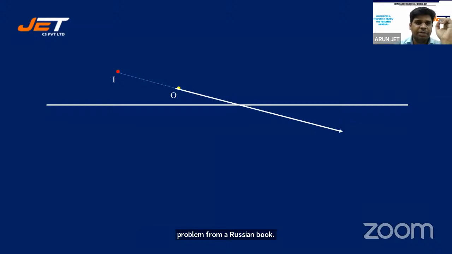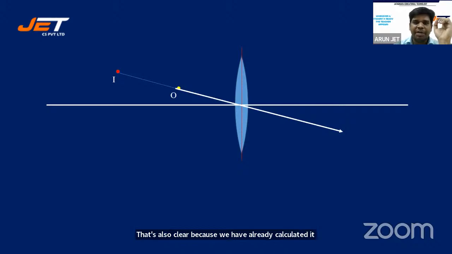All right. Now let's see. This is the optic center, right? Now, the kind of lens: convex, that's also clear because we have already concluded it should be a convex lens. Now, a ray parallel to the principal axis, where should it pass through?